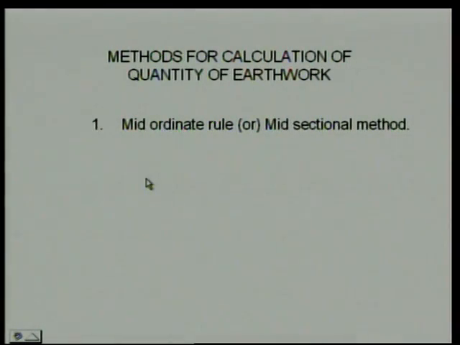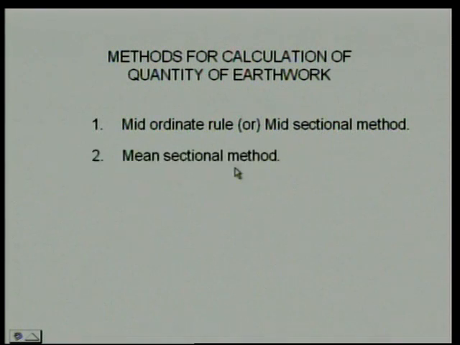Now, let us see what are the various methods for calculation of quantity of earthwork. The calculation of earthwork, either in excavation or completely in banking, may be calculated by the following methods. The first method is mid-ordinate rule or mid-sectional method.